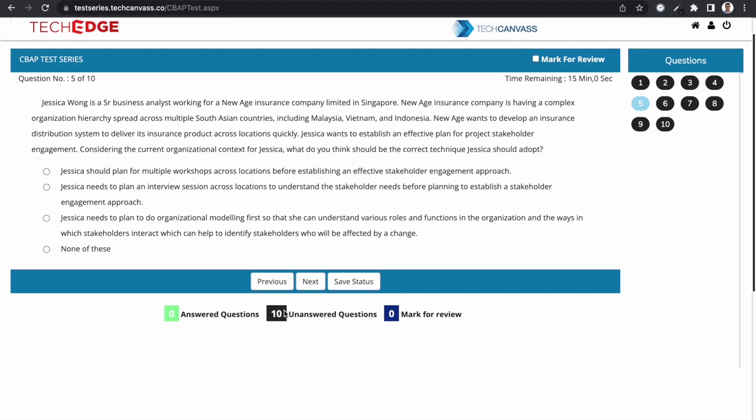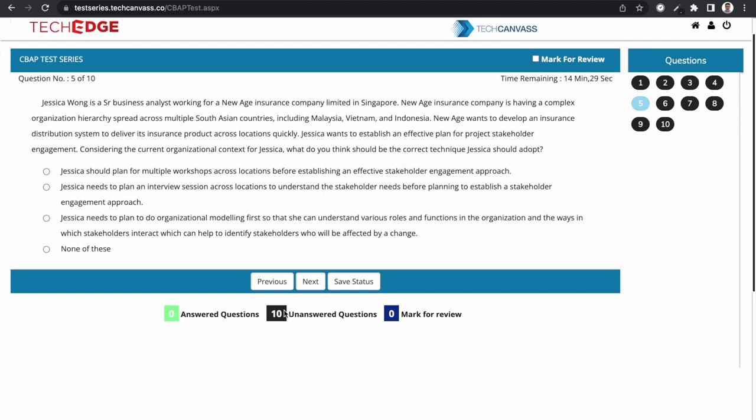Now let's look at the options, because the options are also sometimes not so straightforward. Option A says Jessica should plan for multiple workshops across locations before establishing an effective stakeholder engagement approach. The second option says Jessica needs to plan an interview session across locations to understand the stakeholder needs before planning to establish a stakeholder engagement approach.